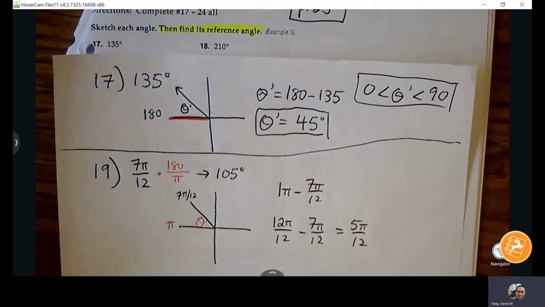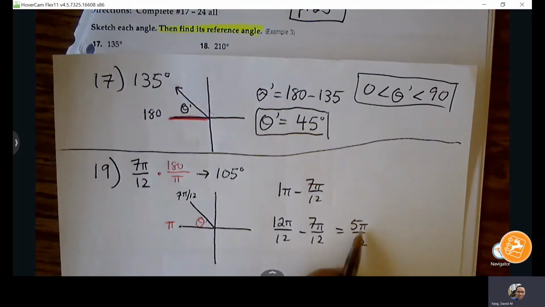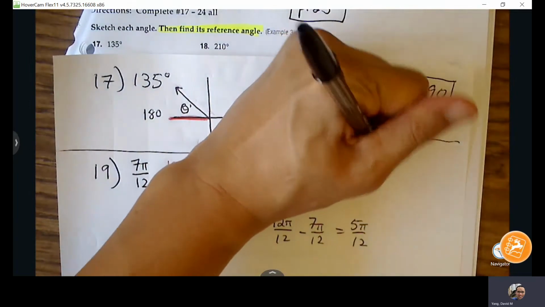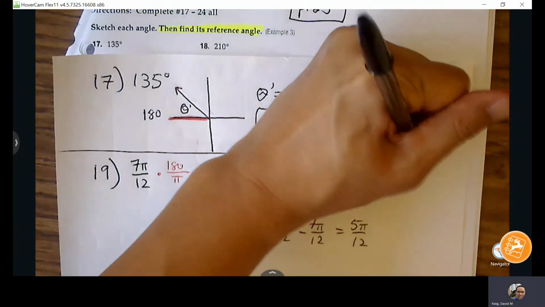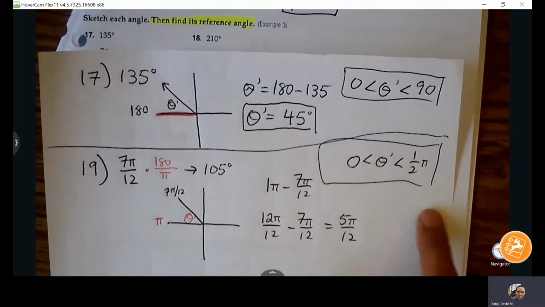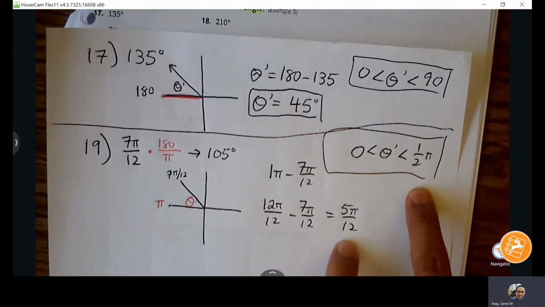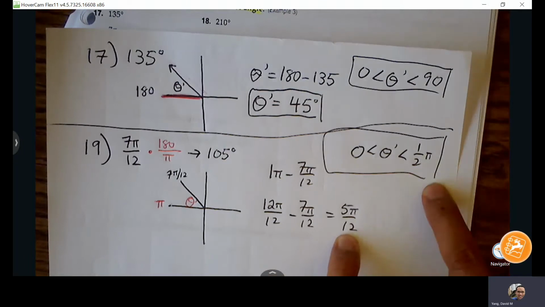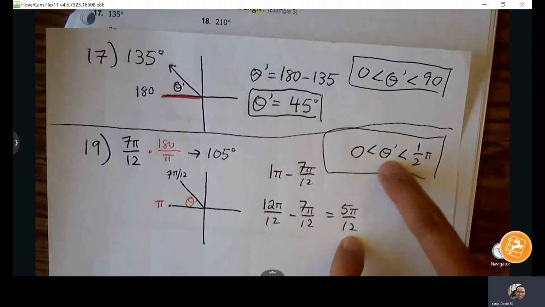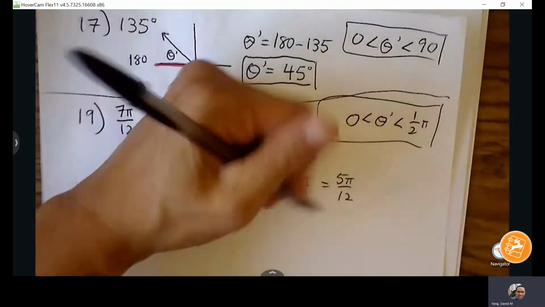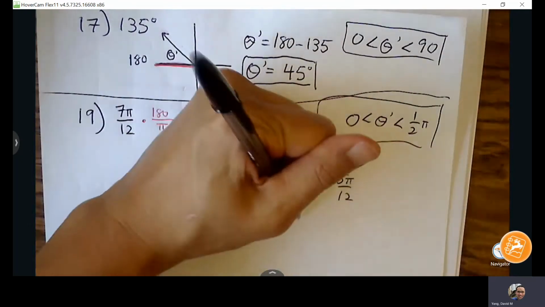So 5 pi over 12 is actually going to be safely in our region, because in terms of radians, as long as we're between 0 and pi over 2, and 5 over 12 is less than 1/2, since 6 over 12 is 1/2. So 5 over 12 lands nicely in this region. That's enough for us to say that's a safe value for my reference angle.